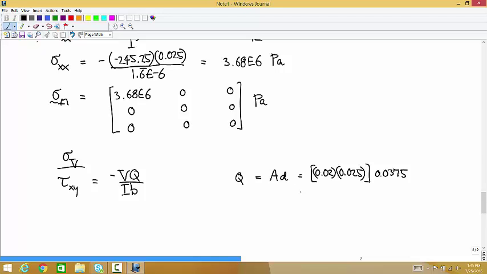And so Q is equal to 1.875 times 10 to the minus 5, and that's meters cubed.